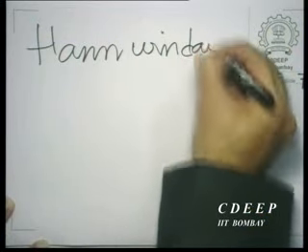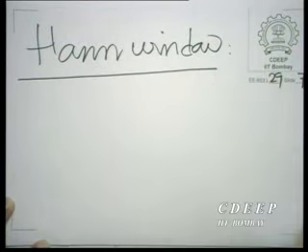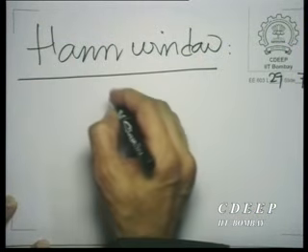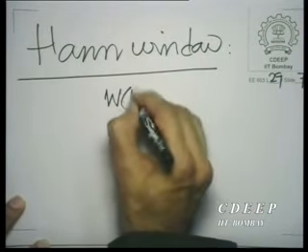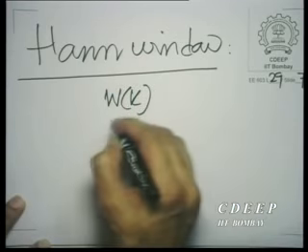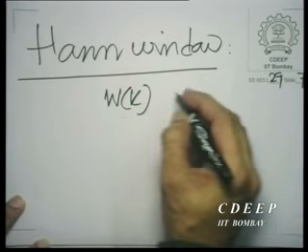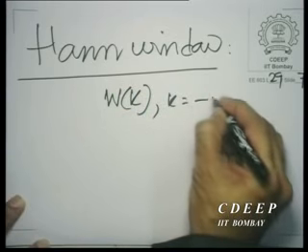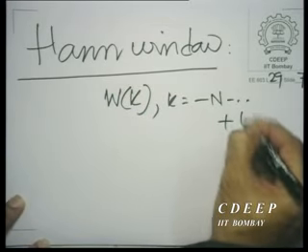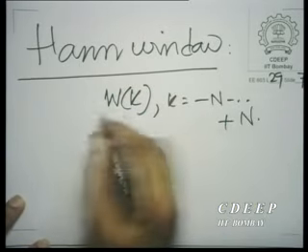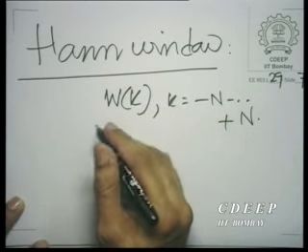We saw two in the previous lecture, but we must see more in this one. So, we will now look at a very common window called the Hann window. We shall now take one by one expressions for different windows. In general, we shall specify a window to lie between k equal to minus N to plus N, and we will specify the window by the expression w of k.